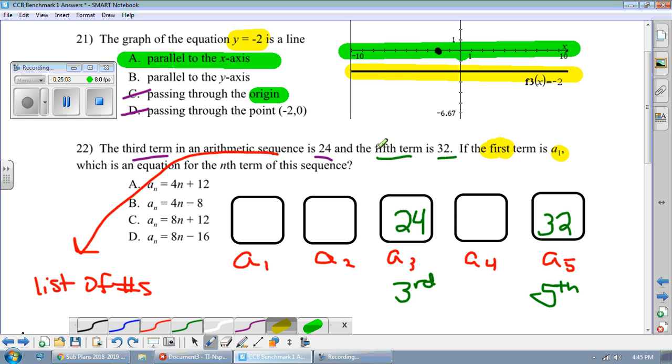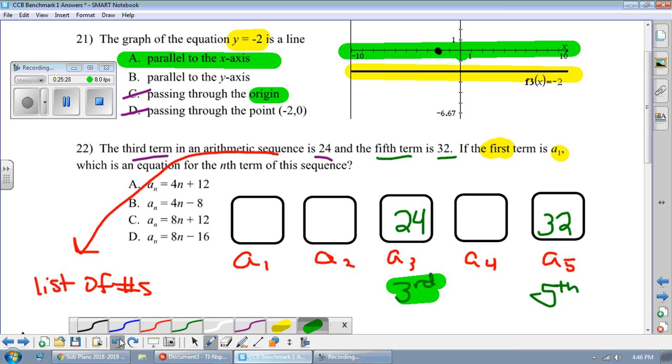I did 5 because it told me the 5th term is the highest term. I have no idea what A1, A2, and A4 are, meaning the first number, the second number, the 4th number. I do know that the 3rd number is 24, and the 5th number is 32. So I filled those pieces into the boxes.